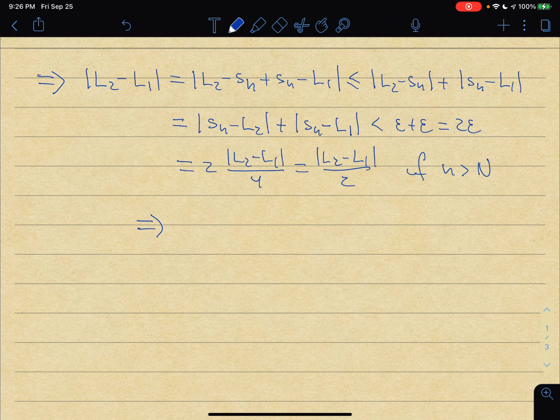So my chain of inequalities basically tells me that L2 minus L1 must be less than (L2 - L1)/2. And that certainly is not possible. So this is a contradiction.